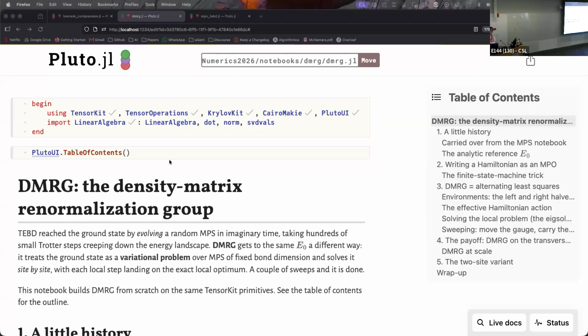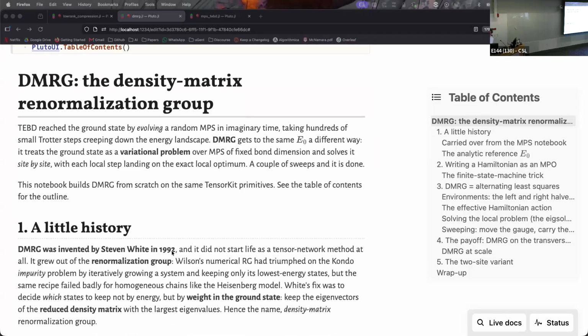So the final real algorithm that I want to talk a bit about, and I briefly mentioned this, is DMRG. DMRG is in some sense the thing that has made tensor networks popular and great in the last 25 years. I might be off by 10 years. The idea is that this algorithm was invented, and it wasn't originally invented as an MPS algorithm, a matrix product state algorithm.